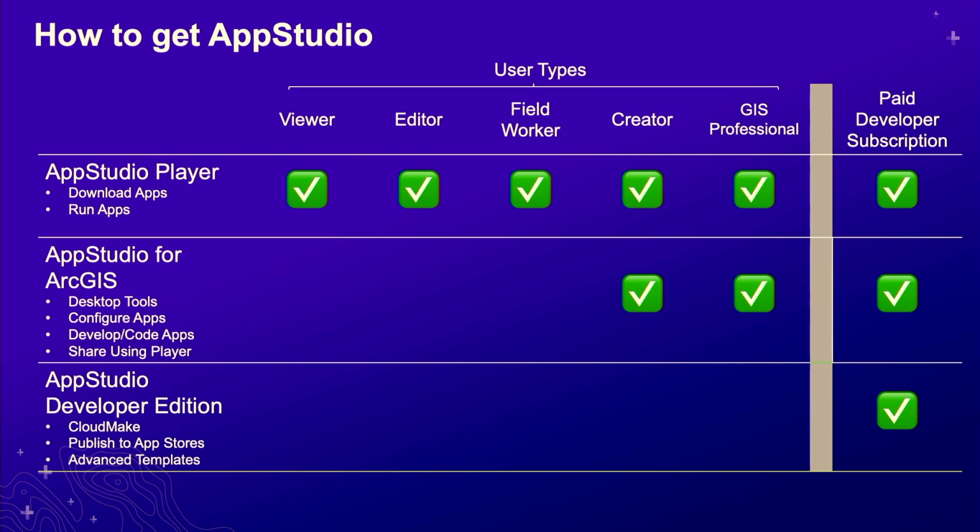Now this license comes with an ArcGIS developer subscription. So to get this AppStudio Developer Edition license, you need to have a paid developer subscription. So if you go to developers.arcgis.com, you'll see more information about the different developer subscriptions. I will make note, maybe your organization already has one of these subscriptions.